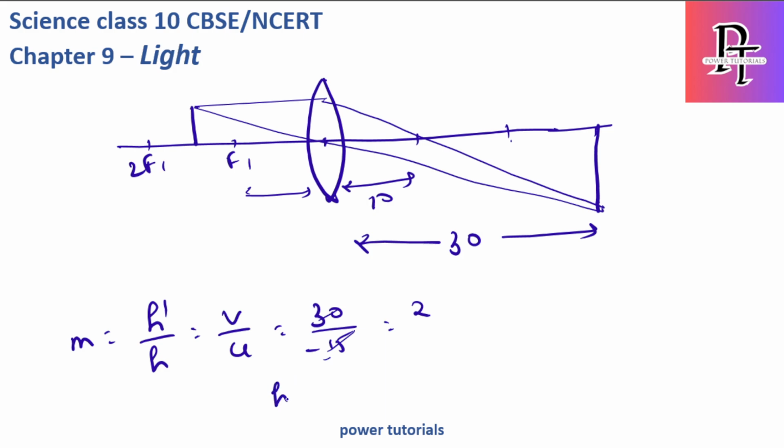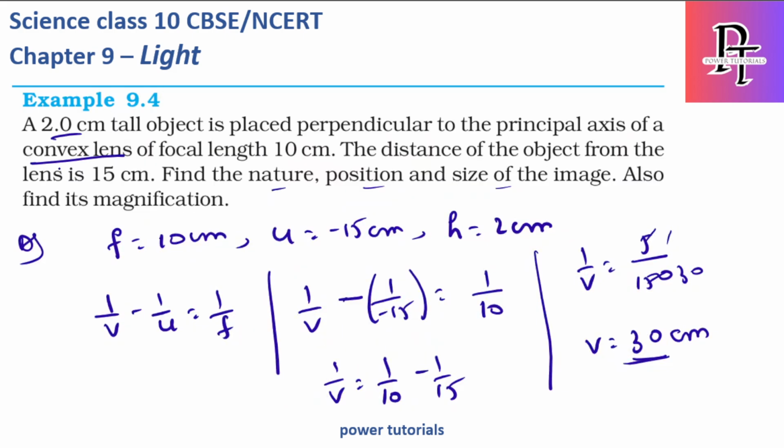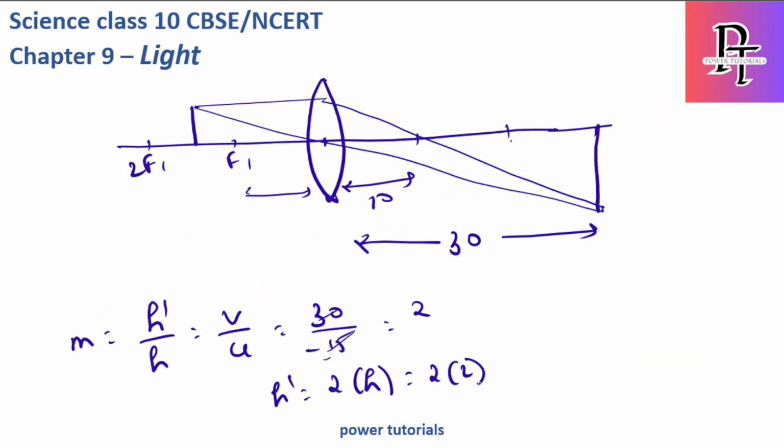So h dash is equal to -2 times h, which is -2 times 2, which is -4 centimeters. This is negative here. So why is it negative? Because it is at the bottom of the principal axis.